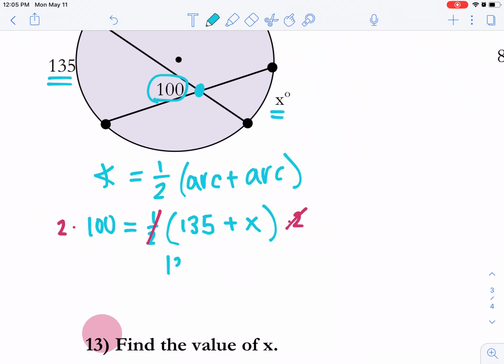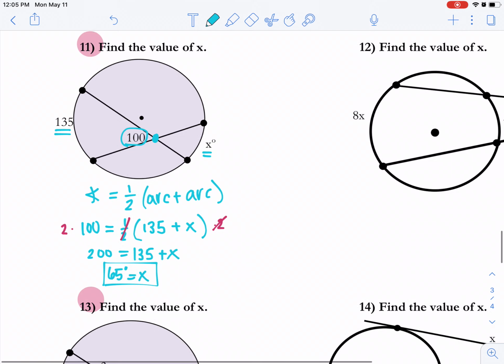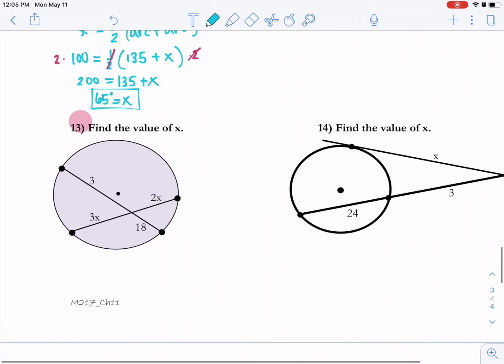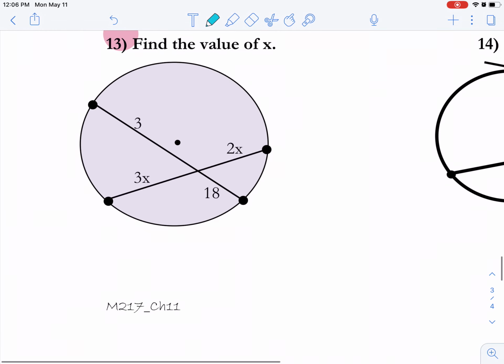So that cancels, and what's inside of the parentheses comes out untouched. 2 times 100 is 200, and we can solve for x is 65 degrees. X is an arc. Okay, so number 11 had to do with all the angles and the arcs versus number 13, same diagram, but this time we're looking at the segment length.